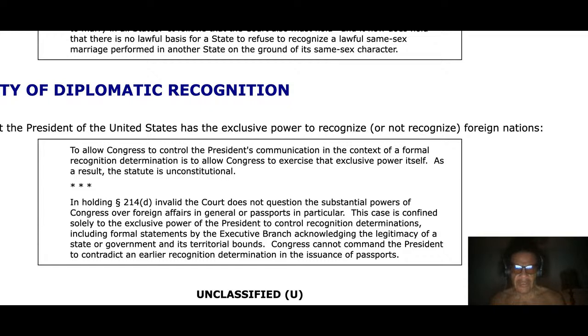The court does not question the substantial powers of Congress over foreign affairs in general, or passports in particular, which is why this is here. This case is confined solely to the exclusive power of the President to control recognition determinations, including formal statements by the executive branch acknowledging the legitimacy of a state or government and its territorial bounds. Congress cannot command the President to contradict an earlier recognition determination in the issuance of passports.